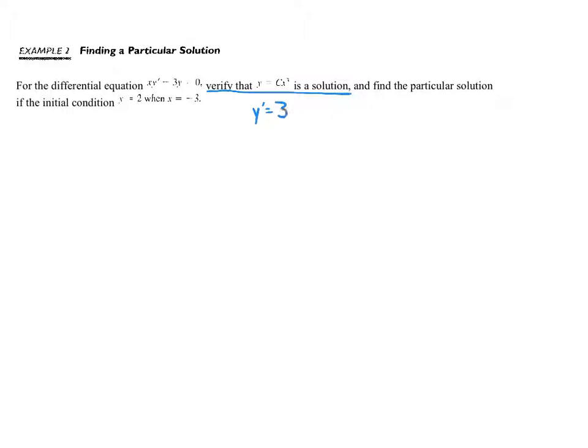3cx squared. And then plug that into the original equation, so xy prime minus 3y has to equal 0, right? Well, y prime, we just said, was 3cx squared, and y is cx cubed.